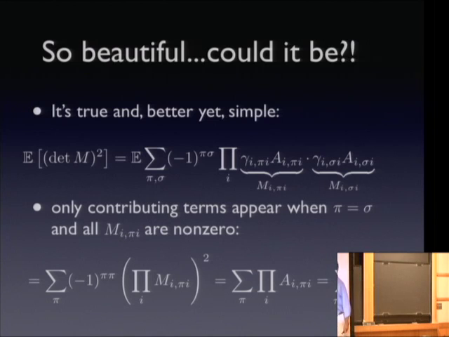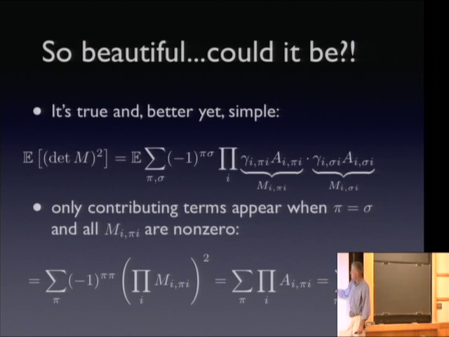What do you get? You get this big expectation. Now it's a sum over all pairs of permutations, and you get the product of their signs, which of course is the sign of the product. And then you get the product of the elements that you visited along these two transversals. One thing is clear, if either one of those permutations ever visits a 0, that kills that term. That's not interesting.